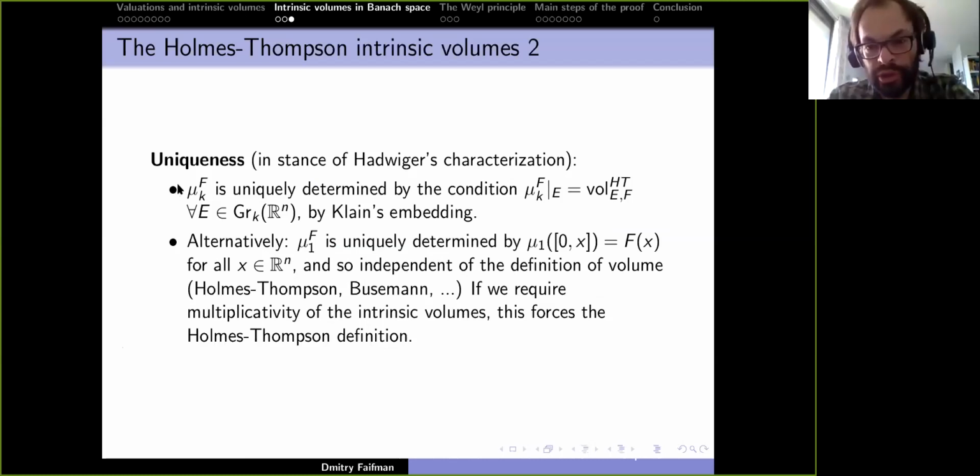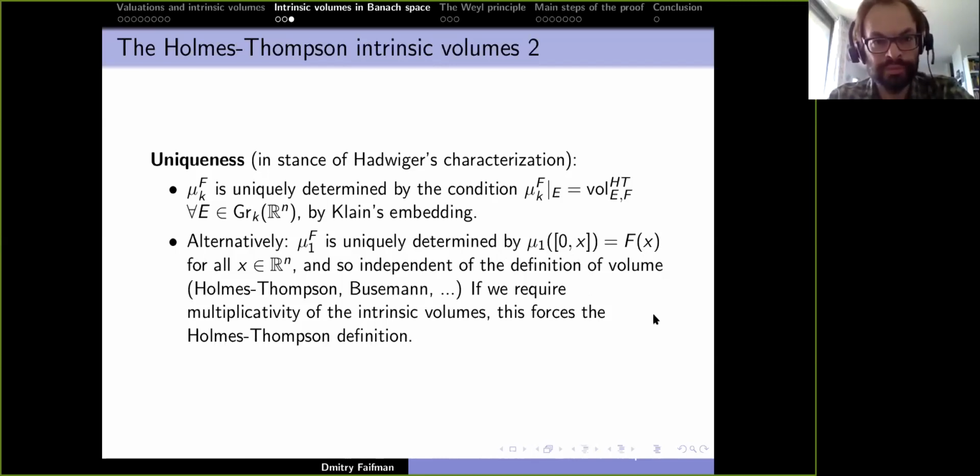But in fact, if you also insist on multiplicativity, then you don't need to make any assumptions. The first intrinsic volume really is independent of the definition of volume, right? The size of an interval just depends on the norm, and then multiplicativity gives you all the other intrinsic volumes. Great, so now we believe there is an extension of intrinsic volumes, which is sufficiently reasonable in general normed spaces.